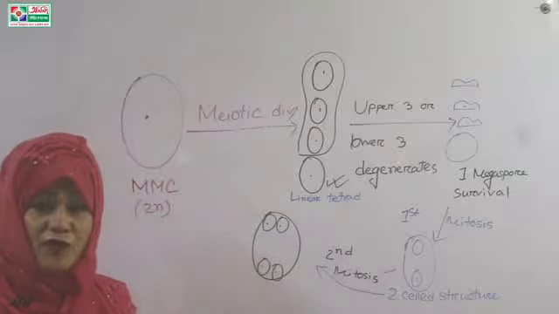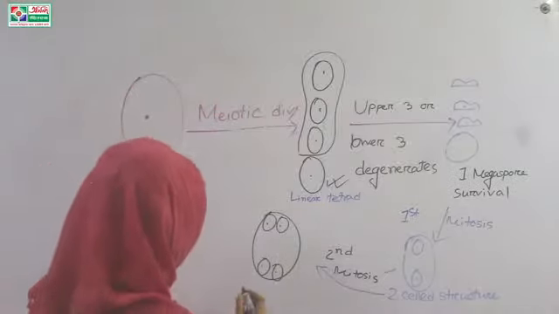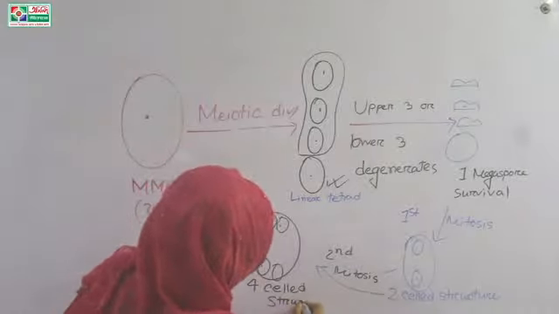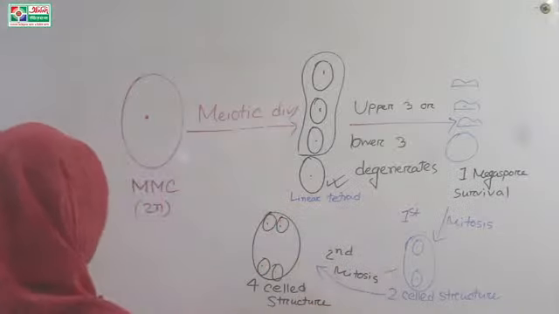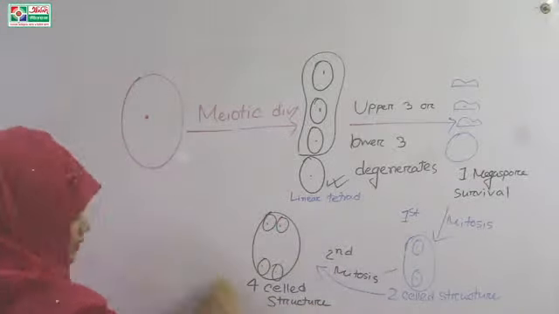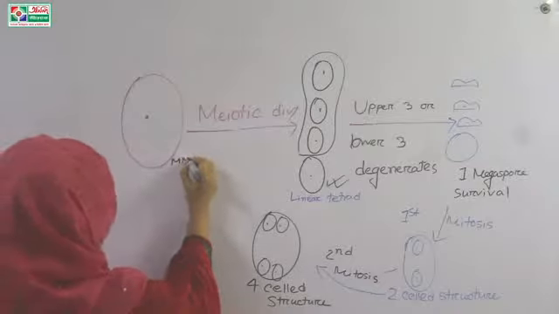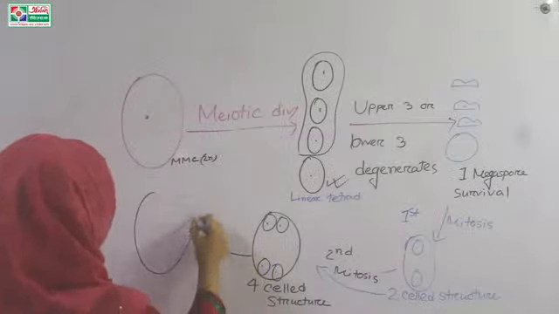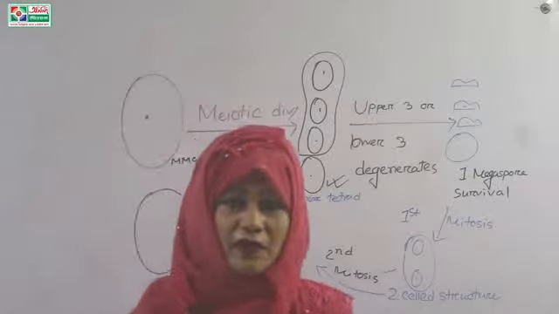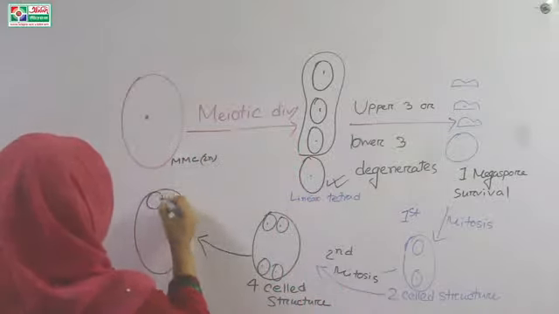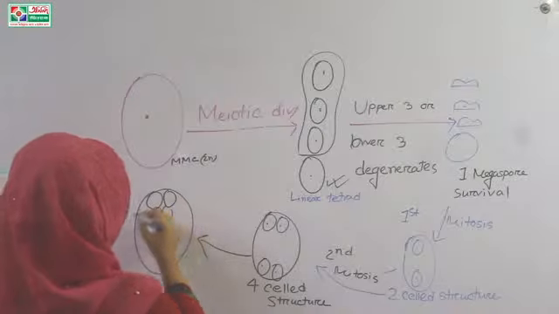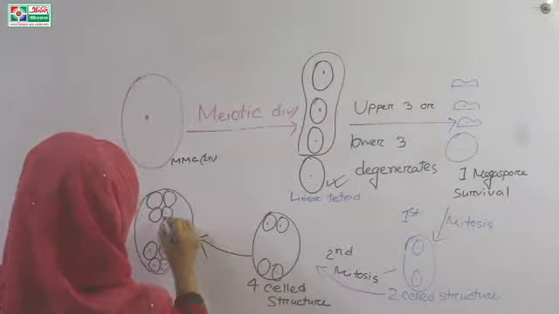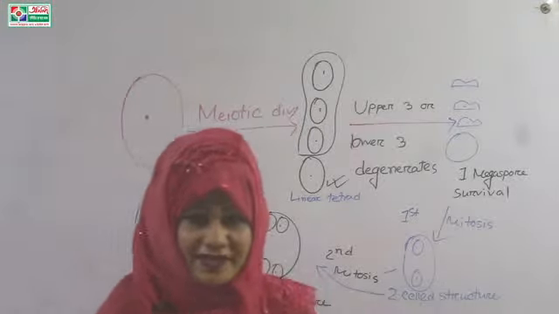Write down 4 cell structure. After that, the third mitosis will take place, and we will get what? From 4, 8 cells. 1, 2, 3, 4 and 1, 2, 3, 4. These are the nuclei. Okay, easy?